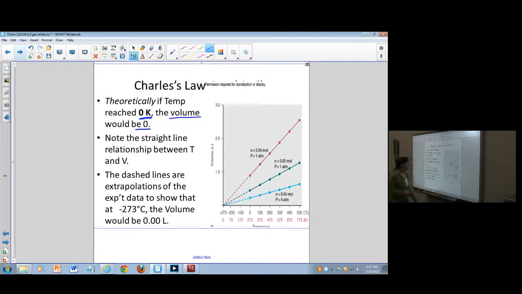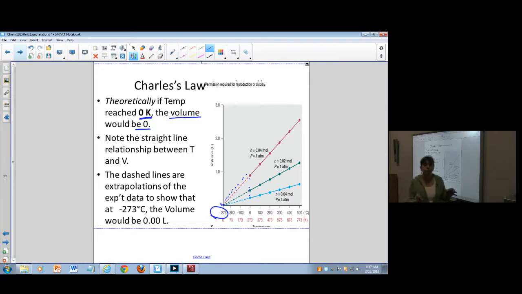So we do these experiments that we can tell for sure. We're at 0 degrees. We could go colder on some things, but then eventually you have to extrapolate back. And when you extrapolate back, minus 273 degrees Celsius is 0 K. At that particular temperature, there would be no volume left in whatever you're doing.